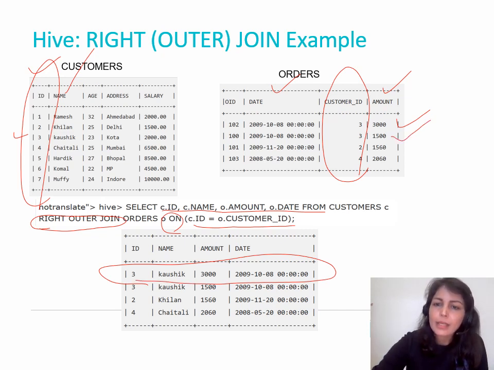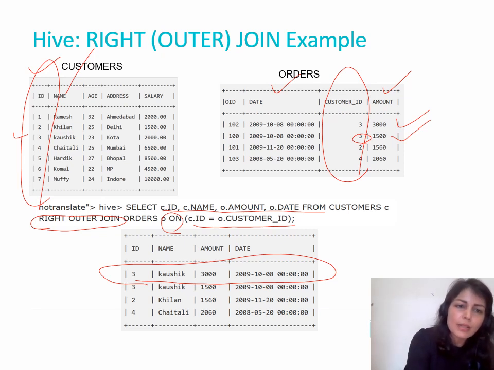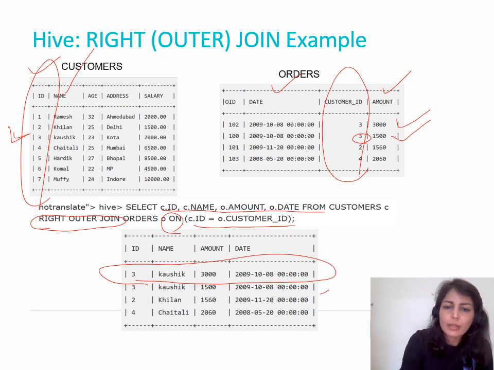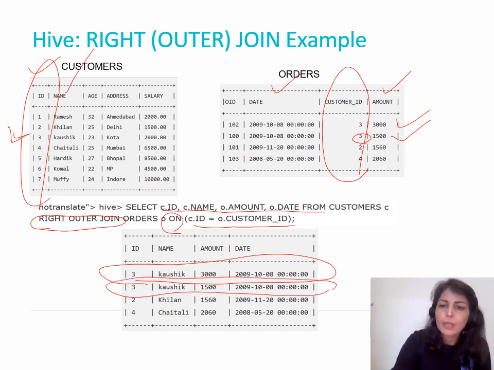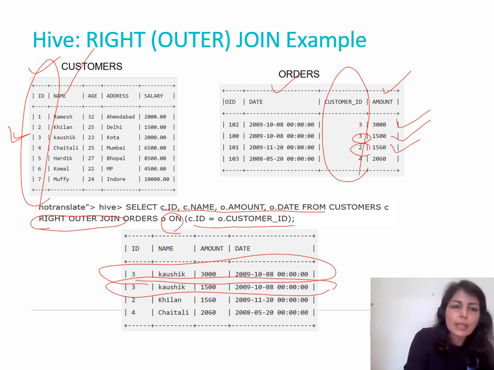Again, the second record: we start from the right table because this is a right outer join. Is there any record with customer ID 3 on the left side? Yes, there is, so we will write it. Is there any record with customer ID 2? Yes, there is. Of course, there is always a matching value here, because this is the foreign key in orders, and the primary keys in customers are always available.